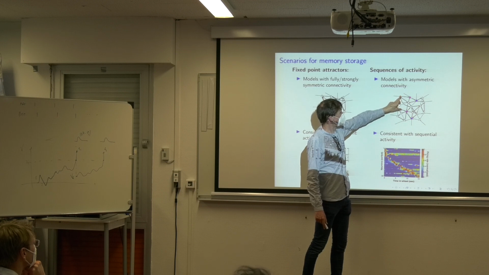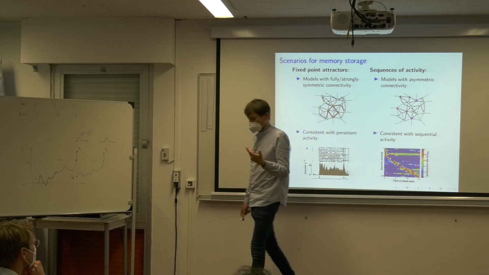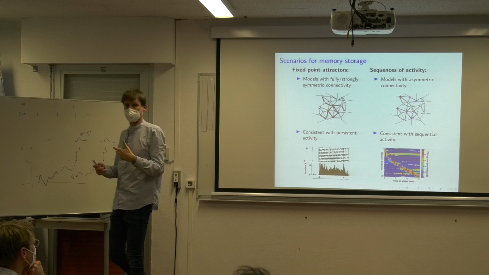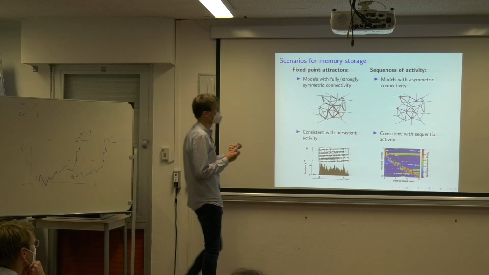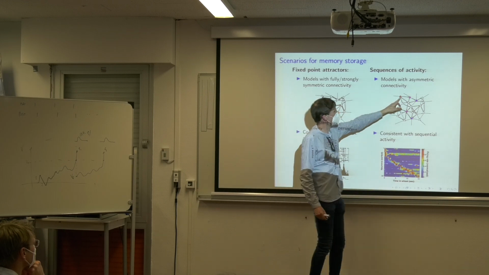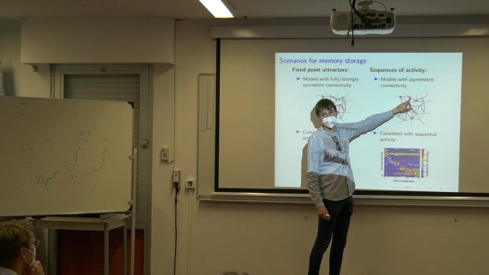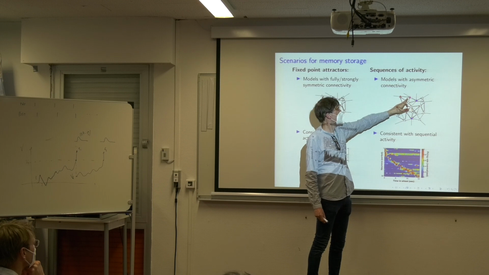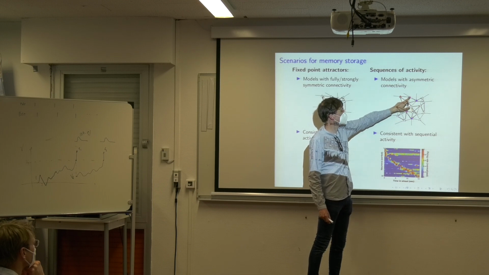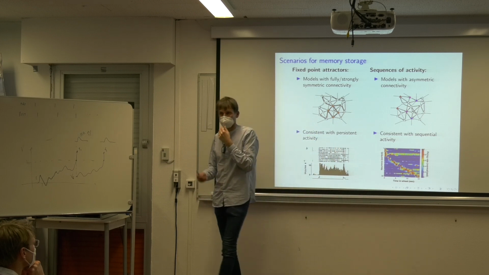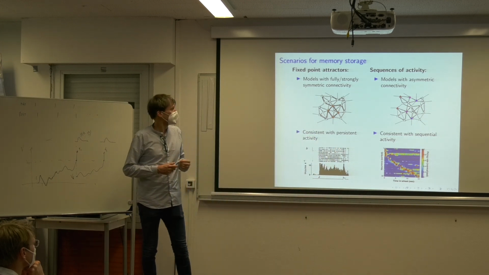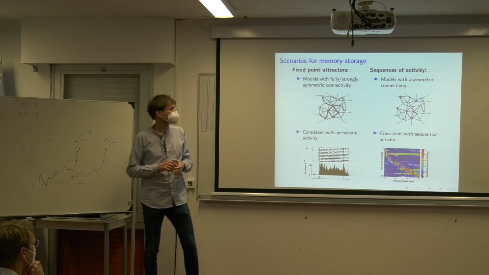And now what we use is the fact that spike timing dependent plasticity strengthens connections only in one direction, the pre before post direction. So in this case, the connection in this direction will strengthen, but the connection in the other direction will actually weaken. So we'll develop a strongly asymmetric connectivity.